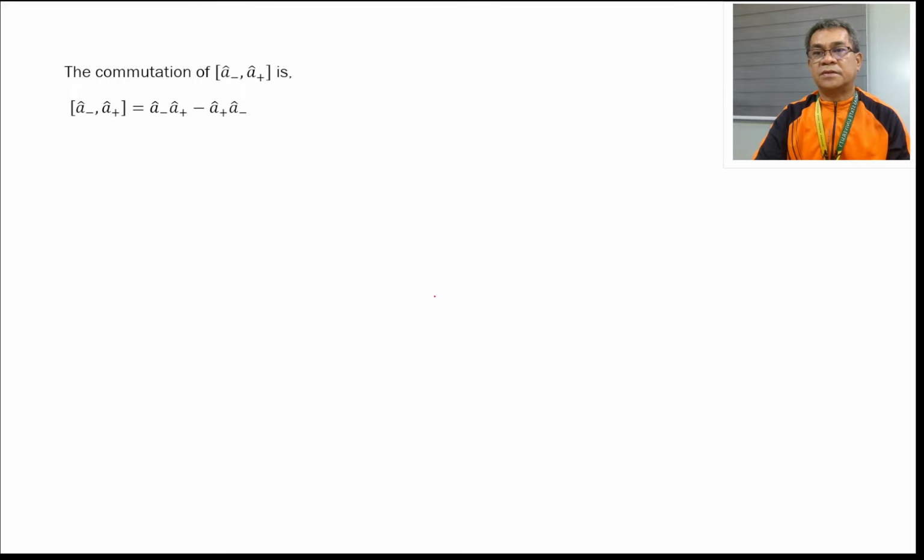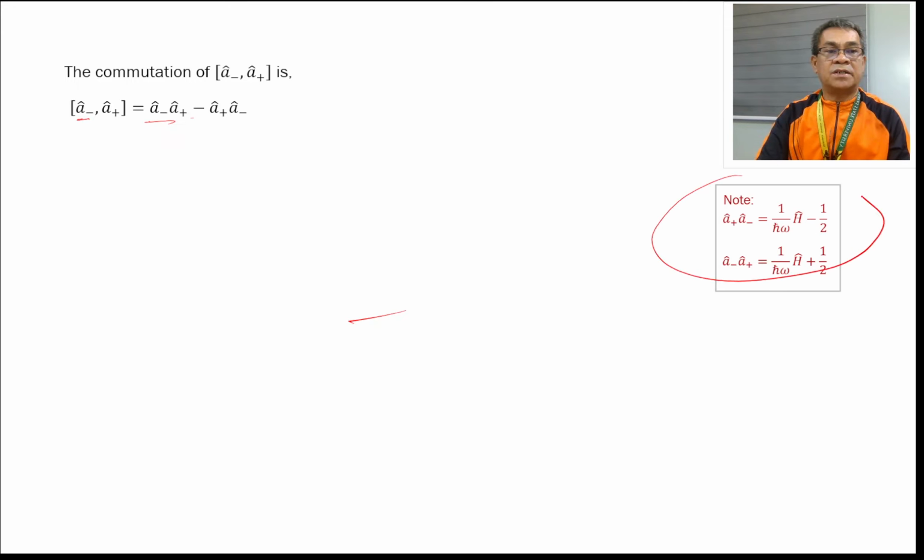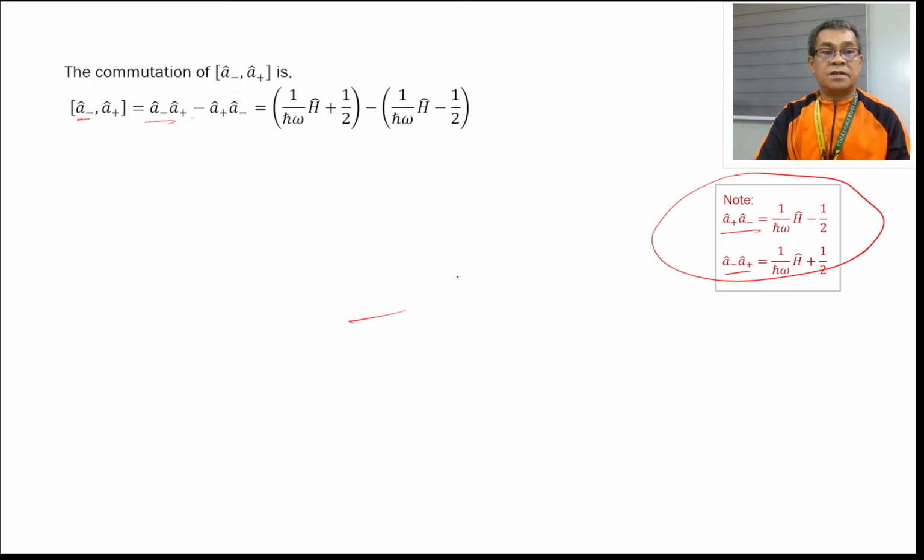Then, of course, we can apply the canonical commutation relation: the product of the two minus the reverse product of the two. Take note that we already solved this one, the product of the two. Then we can replace the values of these two terms of the commutation. So replace that, we have this result.